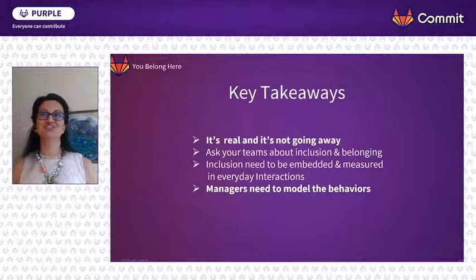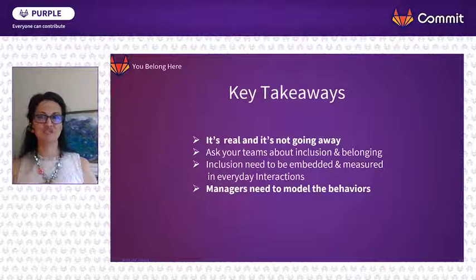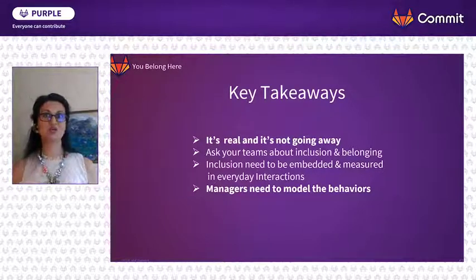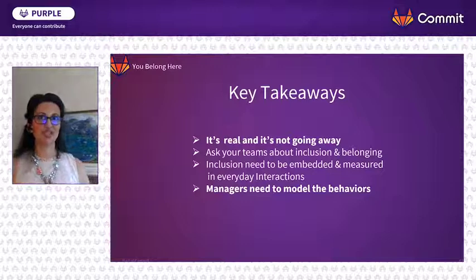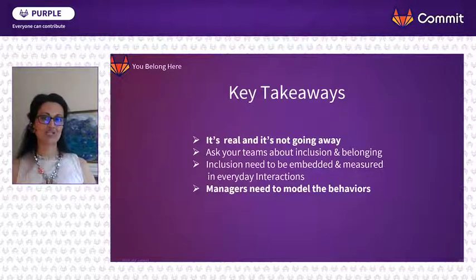As a conclusion and key takeaways: inclusion is real and it's not going away. Inclusive collaboration is critical to drive safety, innovation, and resilient cultures. Understanding and actualizing inclusion and belonging at the workplace is everybody's responsibility, and it needs to be embedded in everyday work, processes, and interactions.